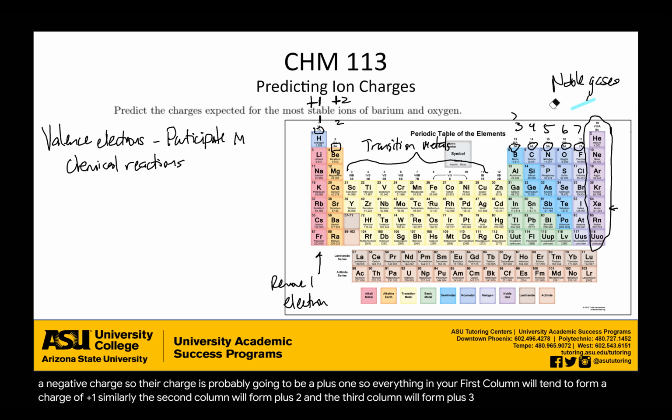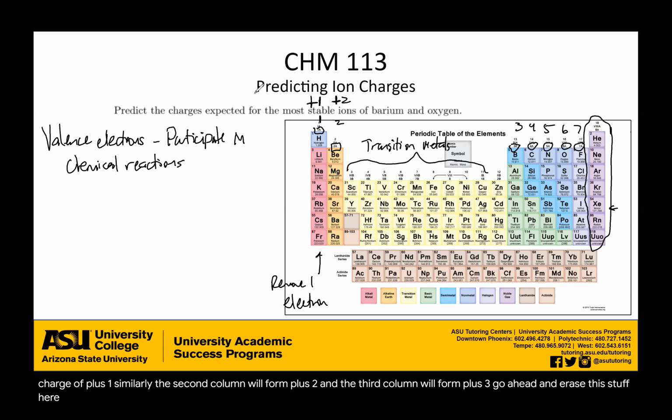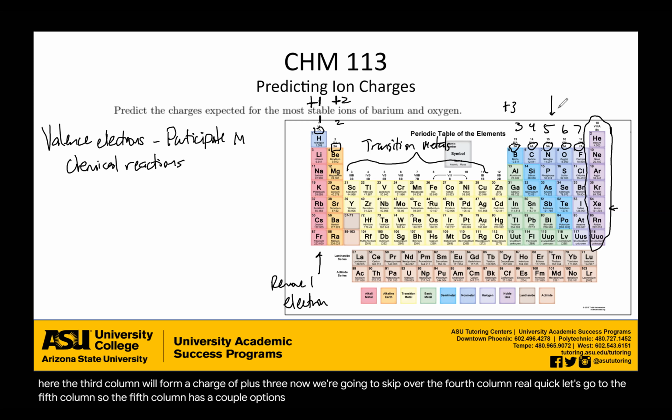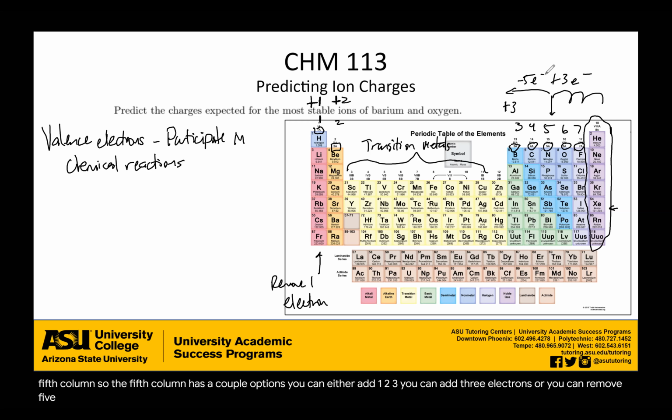Now we're going to skip over the fourth column real quick and go to the fifth column. The fifth column has a couple options. You can either add 3 electrons, or you can remove 5. Which is going to be easiest?